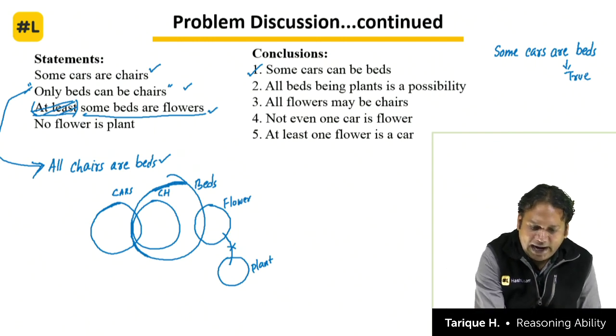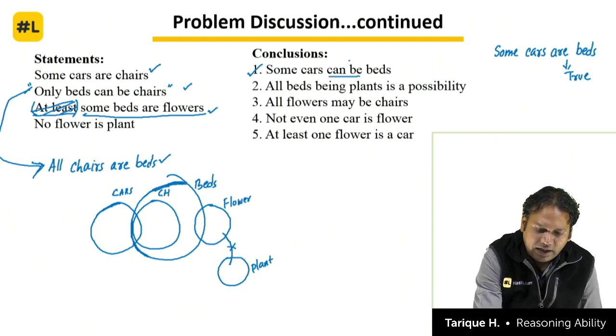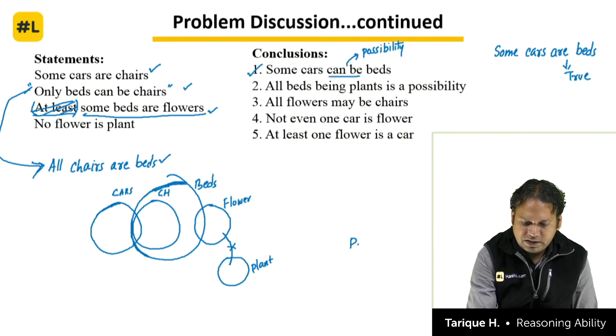Now the moment we add can be here, it means it is saying possibility. Any introduction of a possibility based word. Now understand this about possibility based words in the exams.